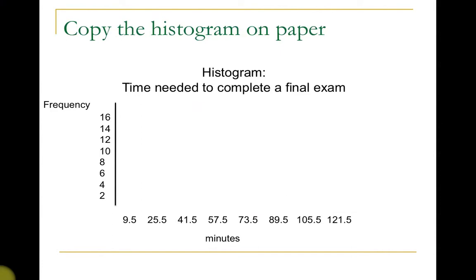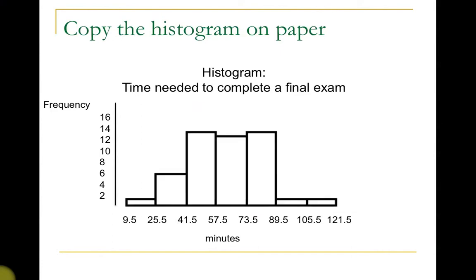On the horizontal, we're going to put our class boundaries. Now, it's important here that your class boundaries are labeled at the beginning of each rectangle and at the end of each rectangle. So 9.5, 25.5. Don't put another 25.5 right next to it.